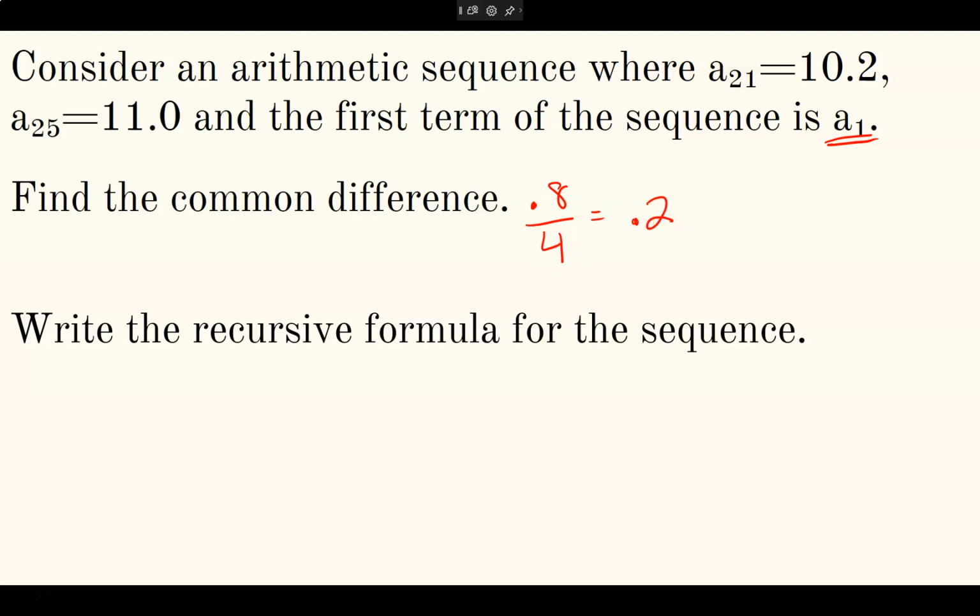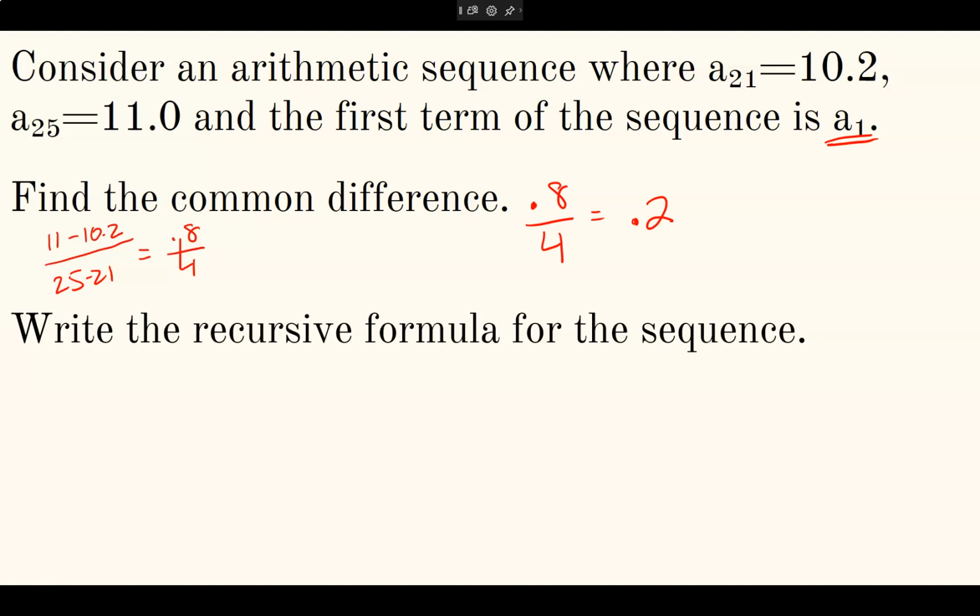Do you all get how we did that? It's really like the slope formula: distance in y over distance in x. 25 minus 21 gives 4 steps, and my difference was 0.8. That's how we got the 0.2. These all relate to lines, so it makes sense that I can use a slope formula to find my difference.